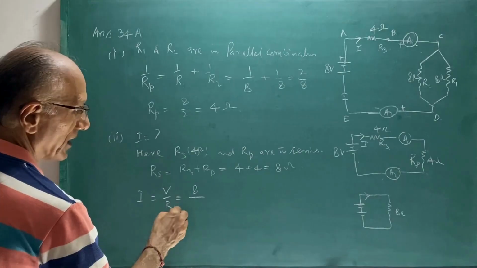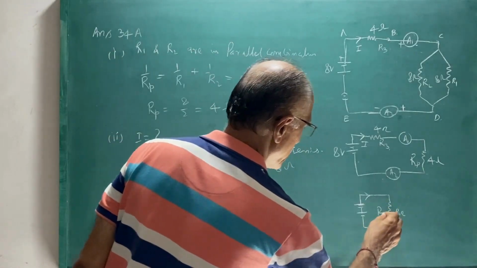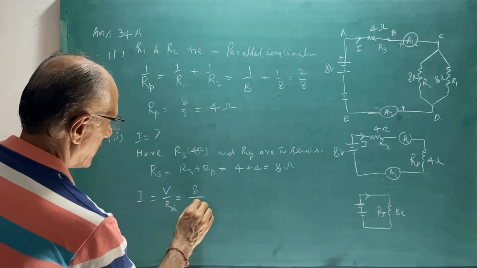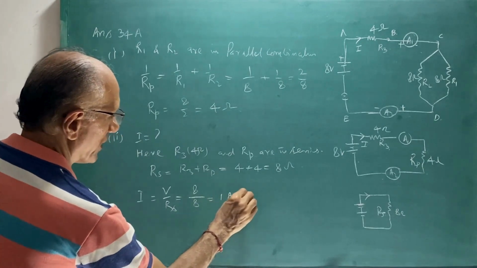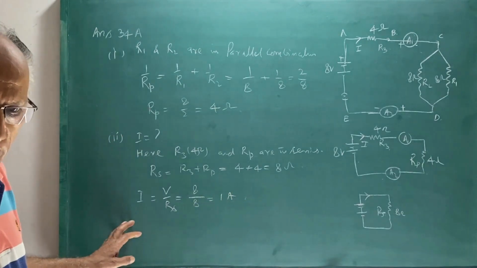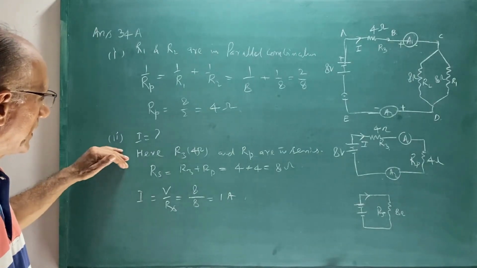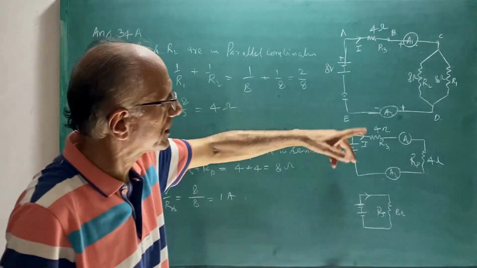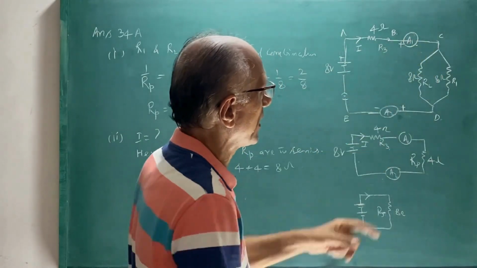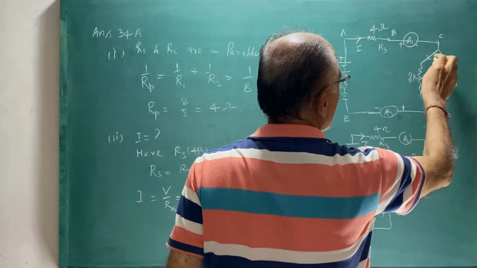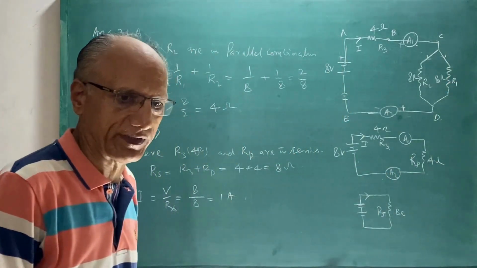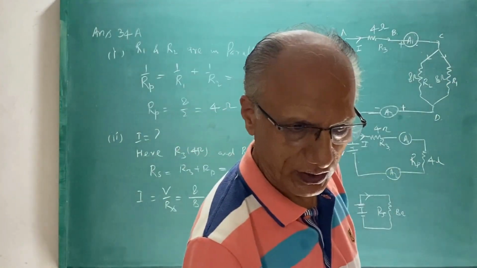This is the R series. So that is 8 by 8, that is 1 ampere. So the current through the 4 ohm resistor will be 1 ampere, and through this and through this will be just half of that, 0.5 ampere.